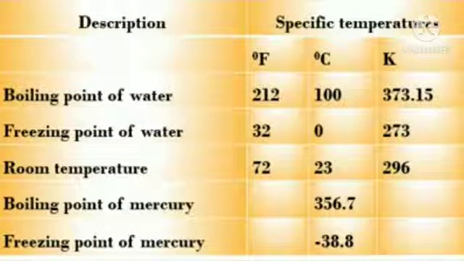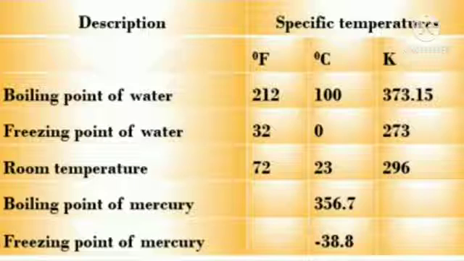In this table, some specific temperatures are given in the 3 scales. Here, degree F means Fahrenheit, degree C means degree Celsius and K means Kelvin. Boiling point of water, it is 212 degree Fahrenheit and 100 degree Celsius and 373.15 Kelvin.